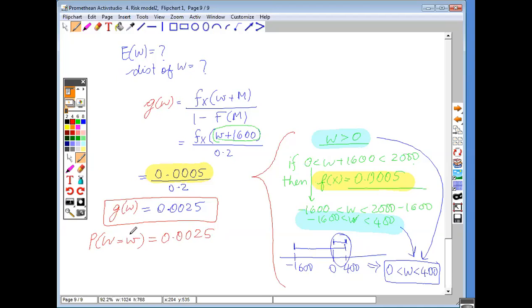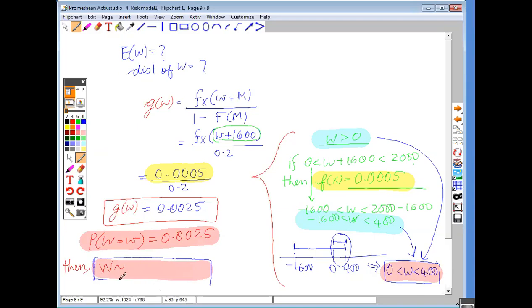If my probability that w takes any value is the same throughout for this interval only, what can you say about the distribution of w? I'm using this and I'm using this to figure out my w. Anyone?